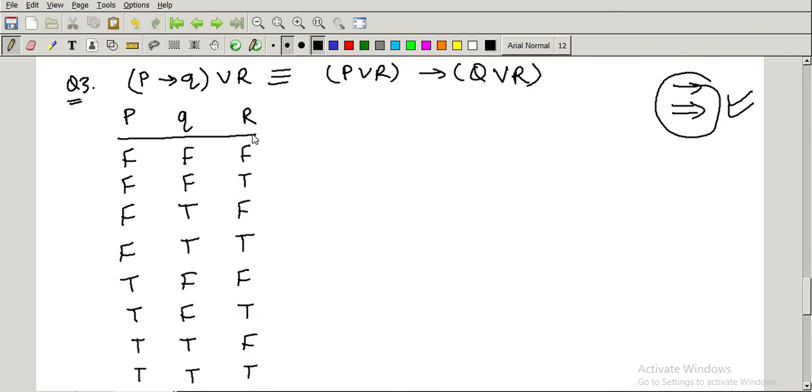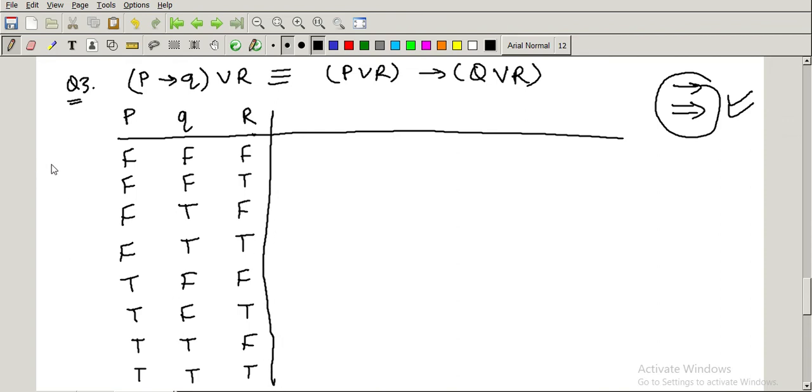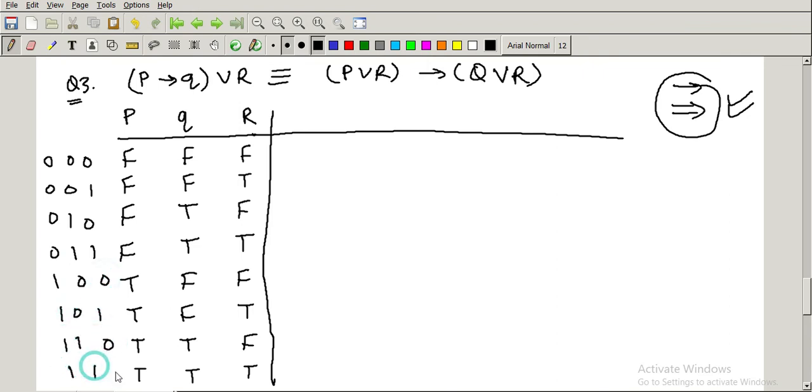So it's very easy. How do I write it? Use these three in binary, in the background, in your mind. Remember it: 0, 0, 0; 0, 0, 1; 0, 1, 0; 0, 1, 1; 1, 0, 0; 1, 0, 1; 1, 1, 0; and 1, 1, 1. Put F for 0 and T for 1.